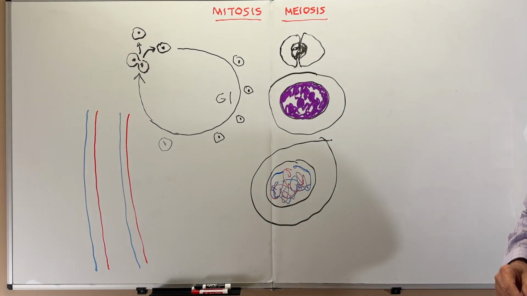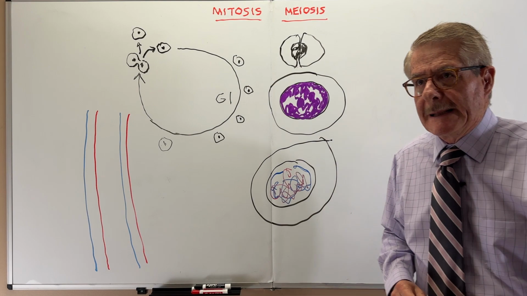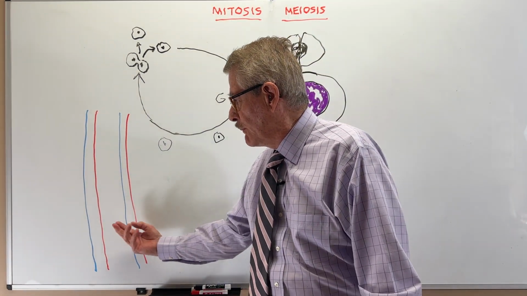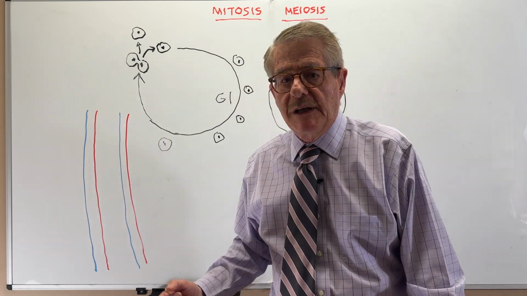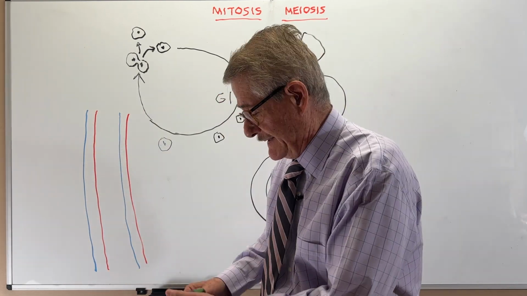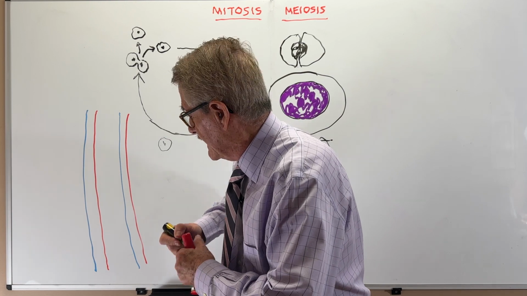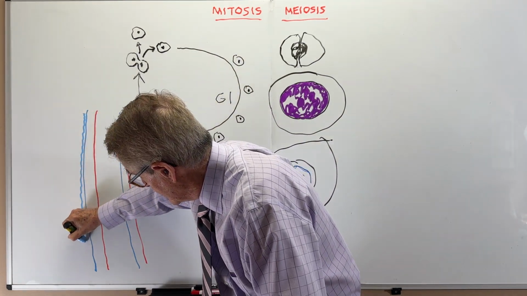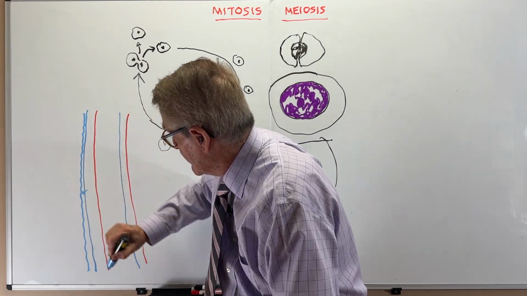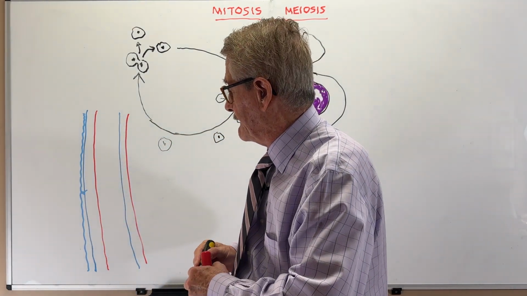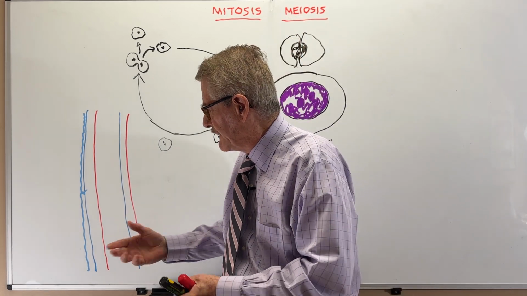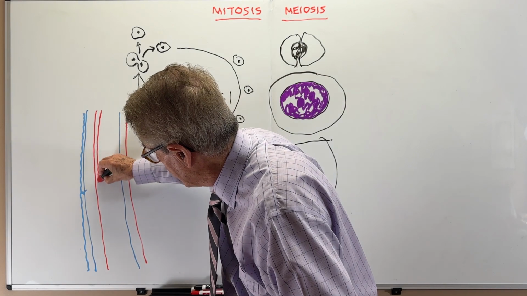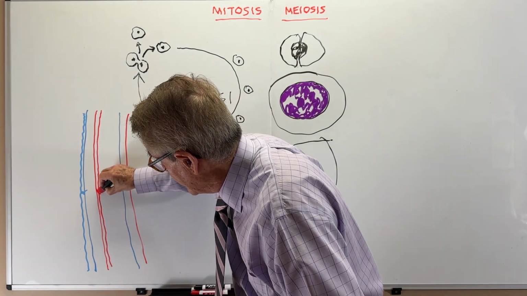Now, in order to understand how we need to duplicate these chromosomes, we need a situation in which this paternal chromosome is duplicated, replicated, and this maternal chromosome is duplicated.